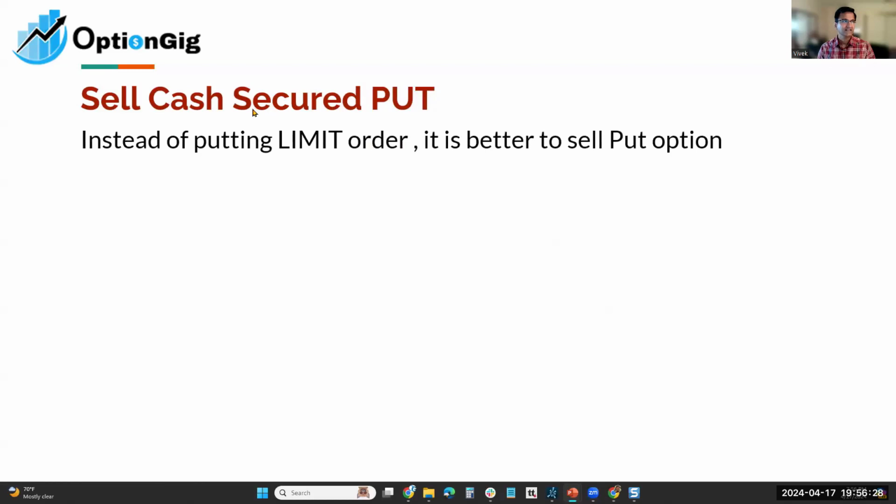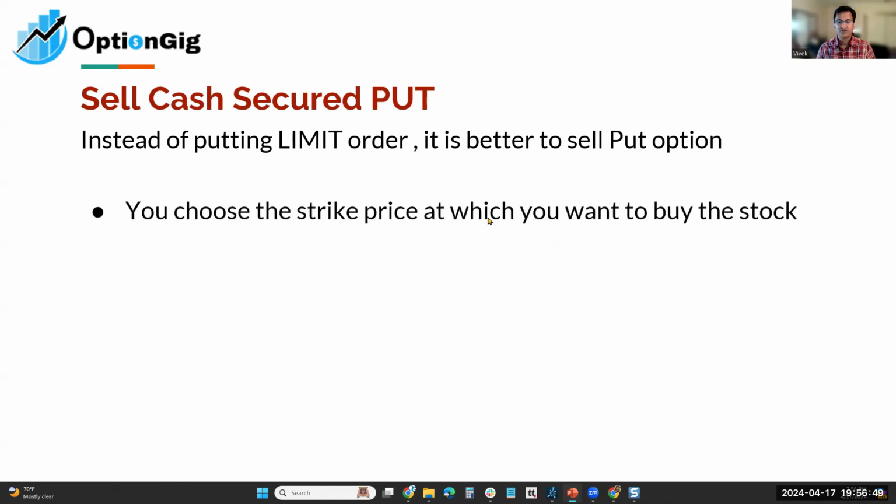So this is called cash secured put, because you're holding that cash, you're blocking that cash so that in case the stock is put to you at $60, that contract is secured by the amount of cash you hold in your portfolio. So instead of putting a limit order, sell a put option. You choose what's the right strike price that you want to buy the stock.